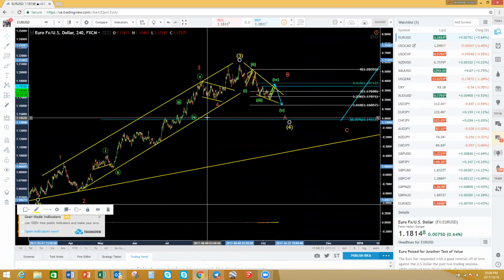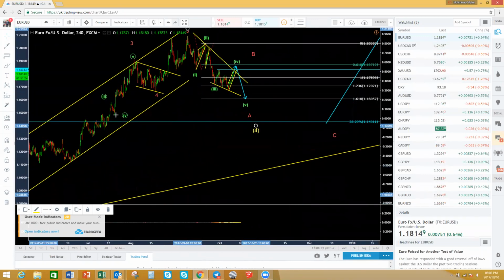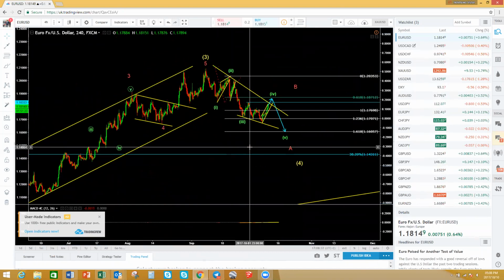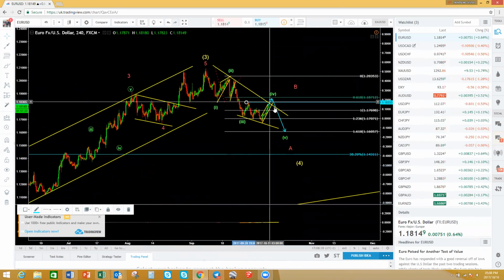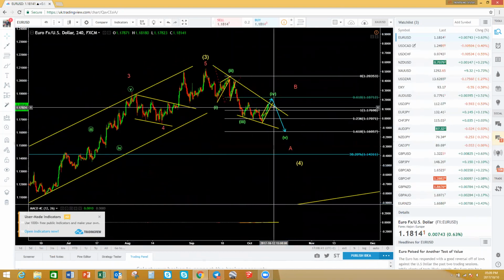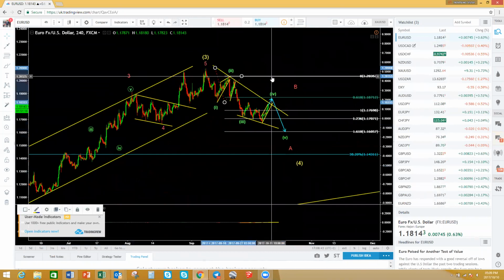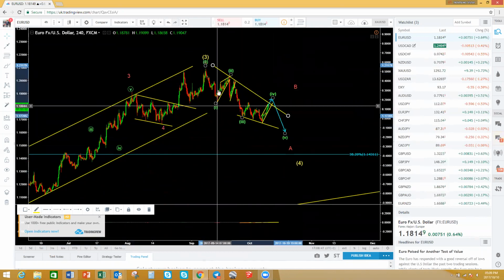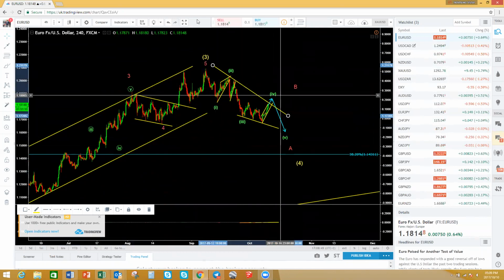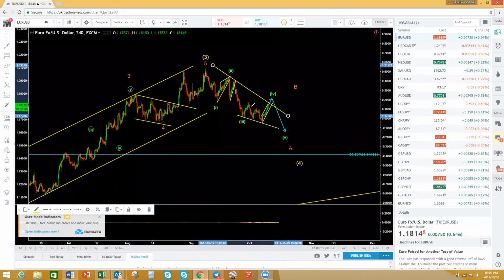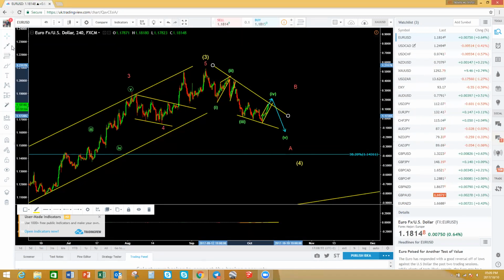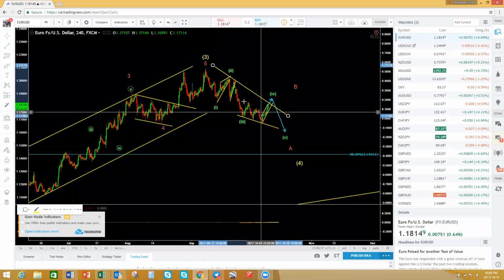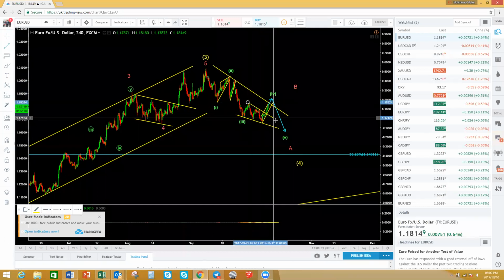Okay, we're actually on the 4 hour time frame. I had a couple of ideas here of what this pair can possibly do. Just clear all those things. So this is what I think would happen here. This is the euro. So yesterday, when this pair was playing out, I posted a trade thinking that this was going to make this ending diagonal.